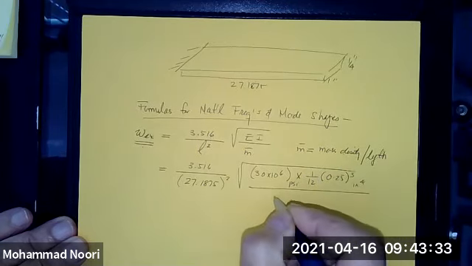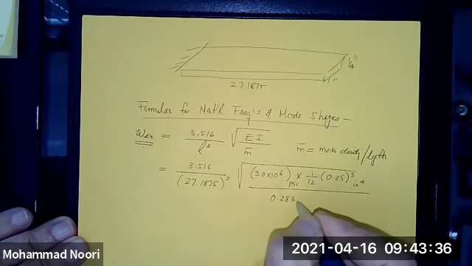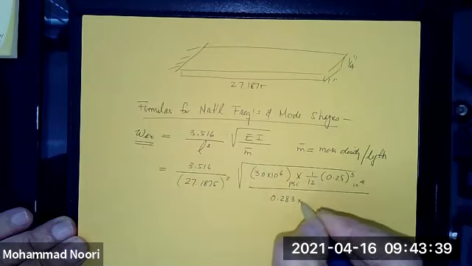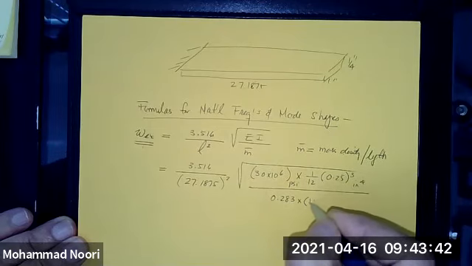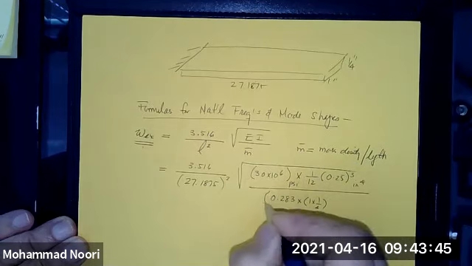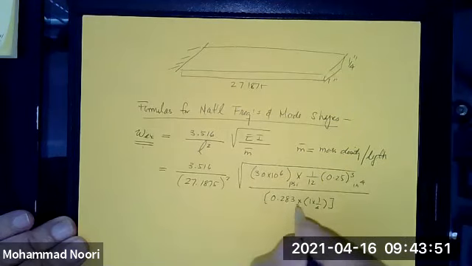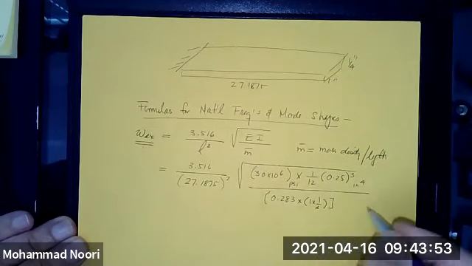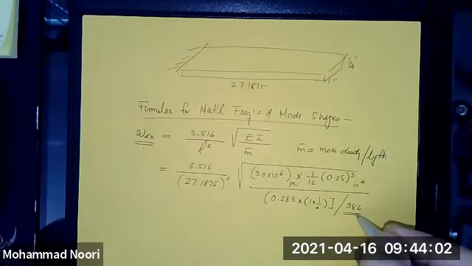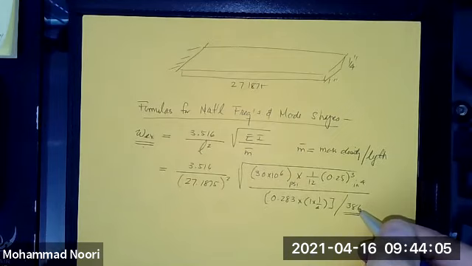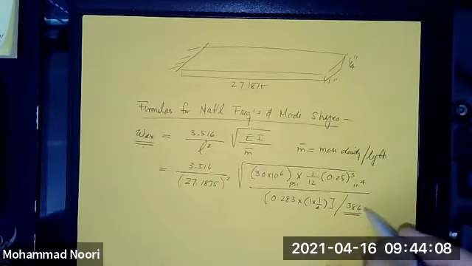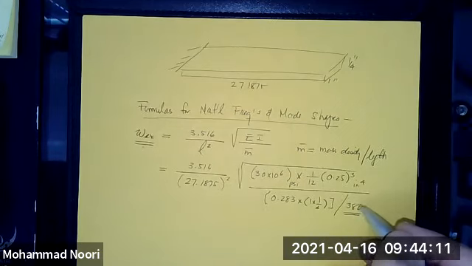This was given as 0.283, multiplied by the cross-sectional area, which is 1/4. This is pound force, so you need to divide that by 386, which is the gravitational acceleration, 32.2 times 12, to convert that to pound mass.